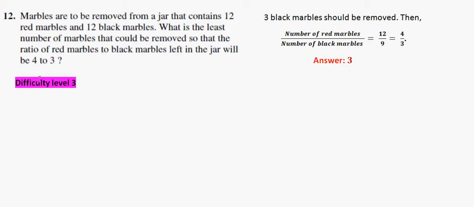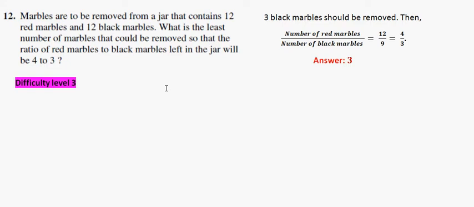And if the ratio of two natural numbers is 4:3, the first number should be divisible by 4 and the second should be divisible by 3. Therefore, the number of red marbles left in the jar must be divisible by 4, and the number of black marbles left in the jar must be divisible by 3.